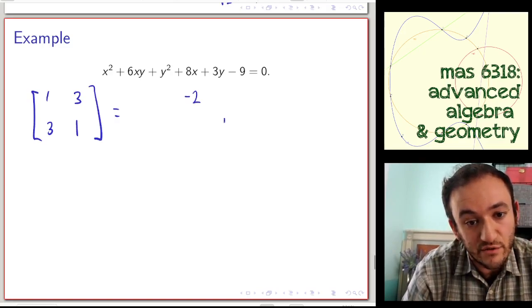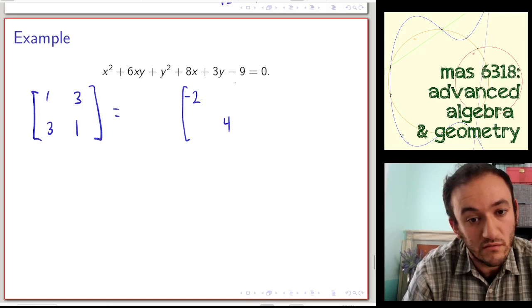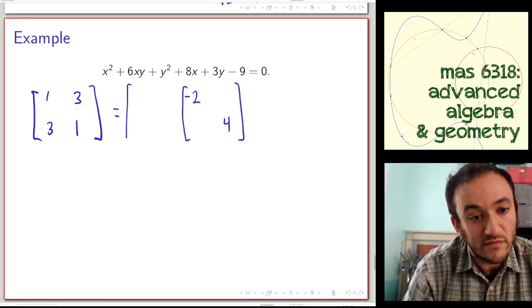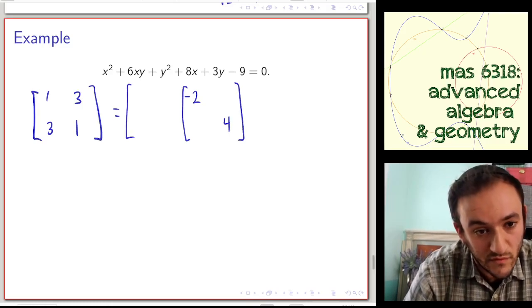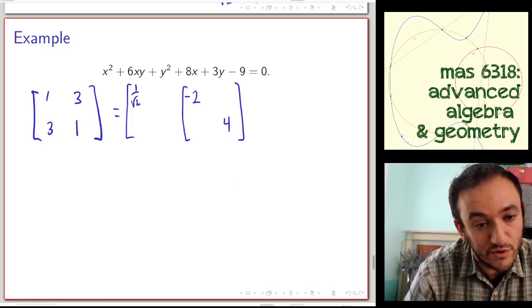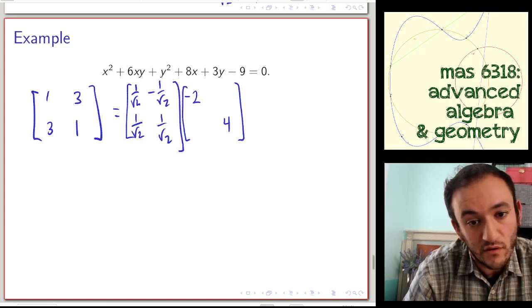So we have minus 2 and 4 times 1 over root 2, minus 1 over root 2, 1 over root 2, 1 over root 2, and the original one.